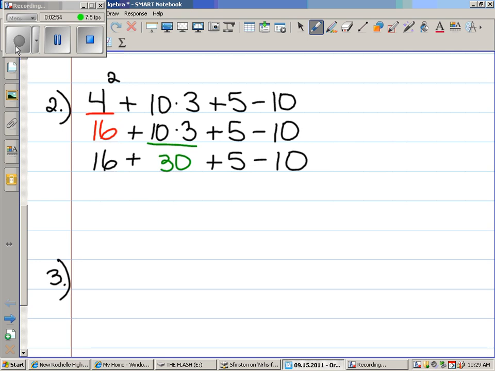Now what do we do? We're going to do addition and subtraction from left to right. What's 16 plus 30? That's 46.